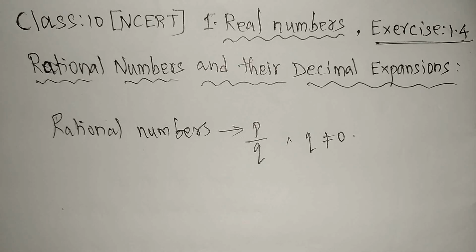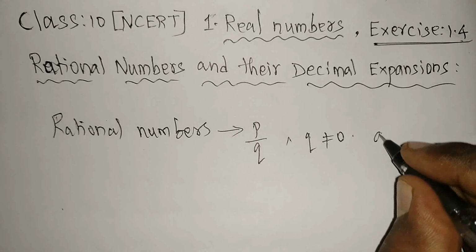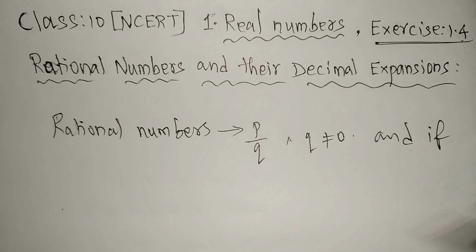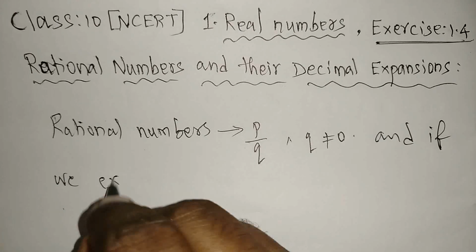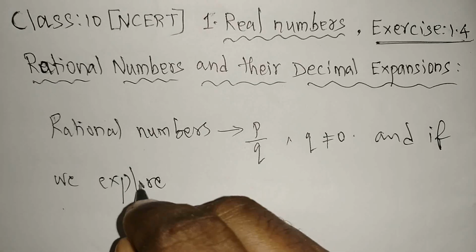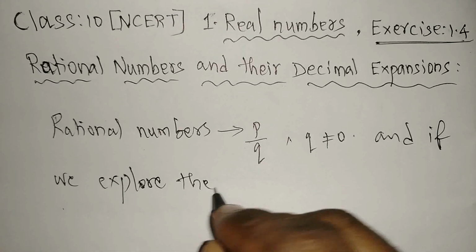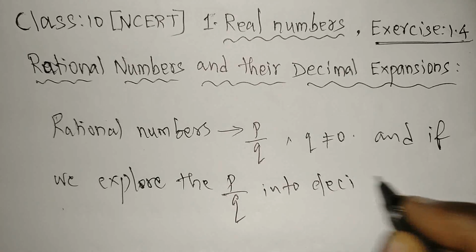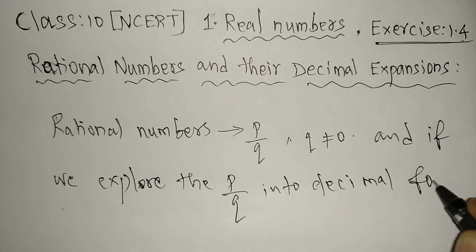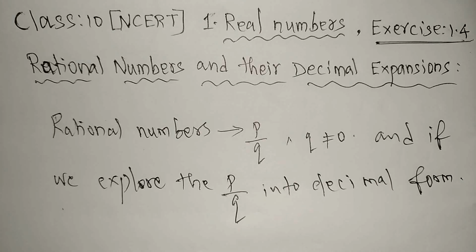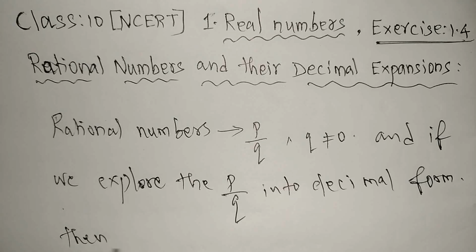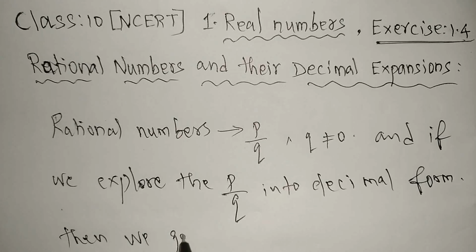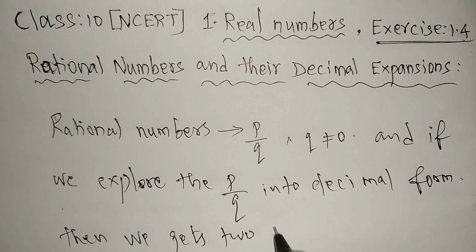Okay, and if we express p by q in decimal form, we definitely get two types.